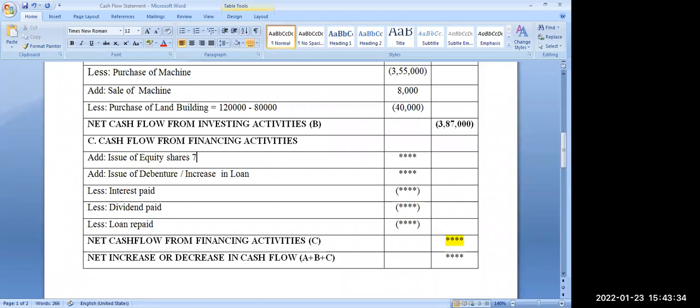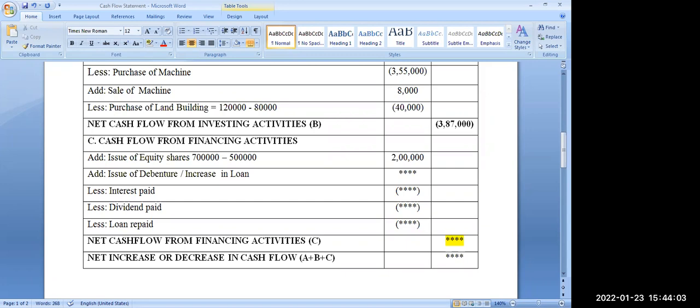7 lakh minus 5 lakh. That means 2 lakh rupees. The company has issued fresh capital. It's a fresh issue, a follow-on public offer. The company needed money, so they raised new capital of 2 lakhs. Any other non-current liability in the balance sheet? Everything we have taken already.